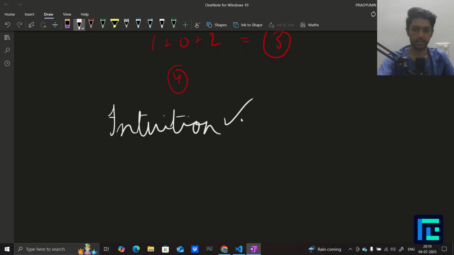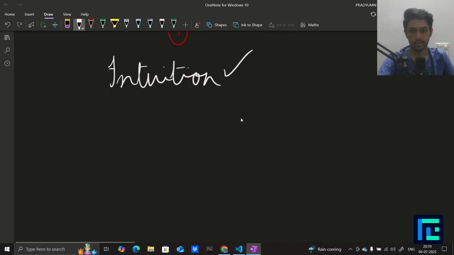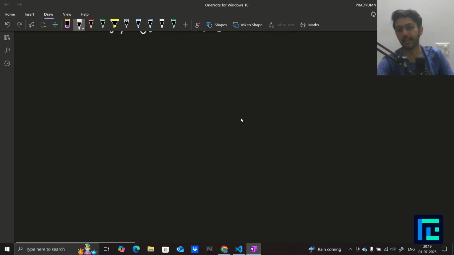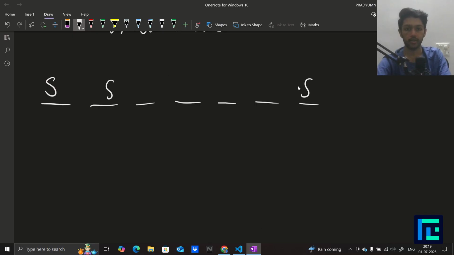To give the intuition for this, I'll try to make one more test case. Let's say we have these blanks and there's a sheep here, a sheep here, and a sheep here. Now let's say we try to find the answer.